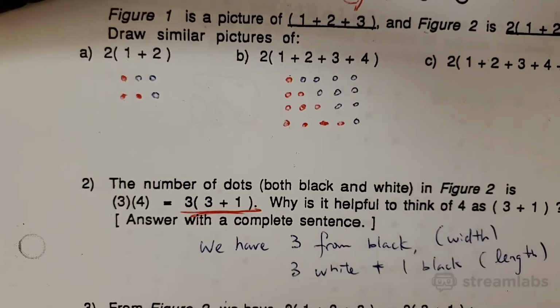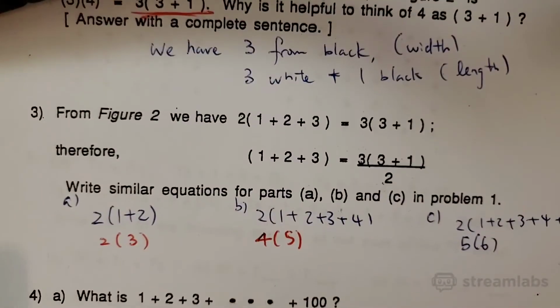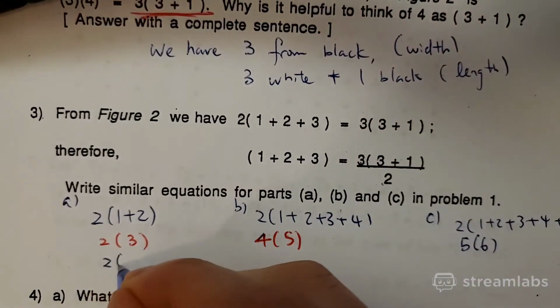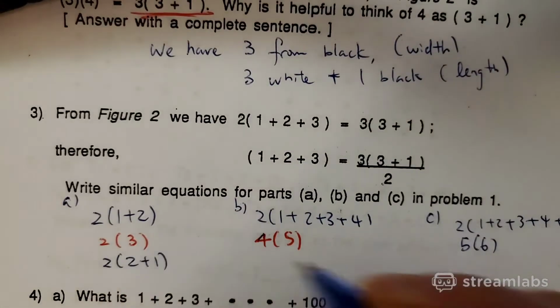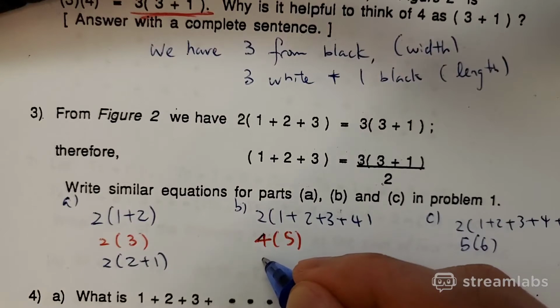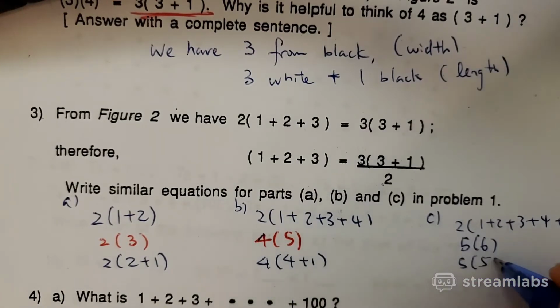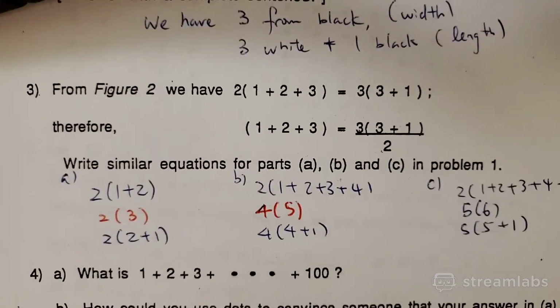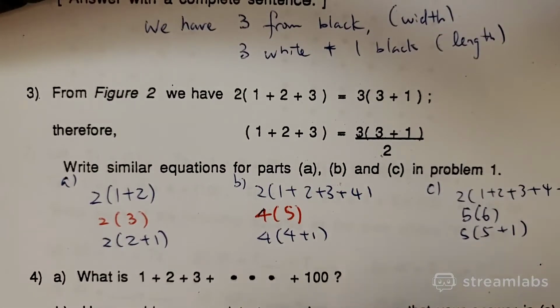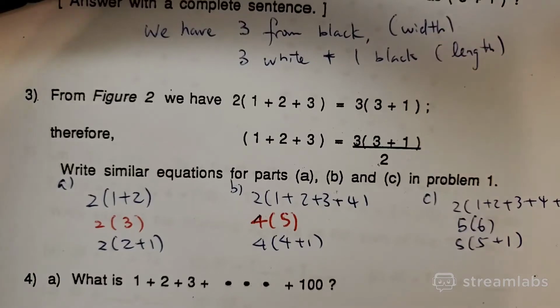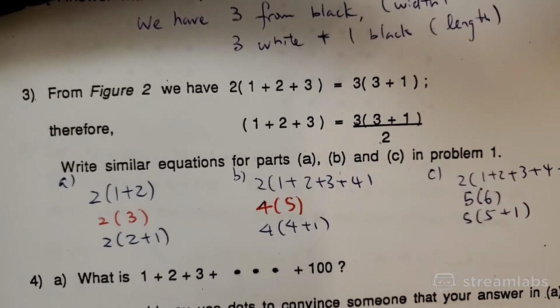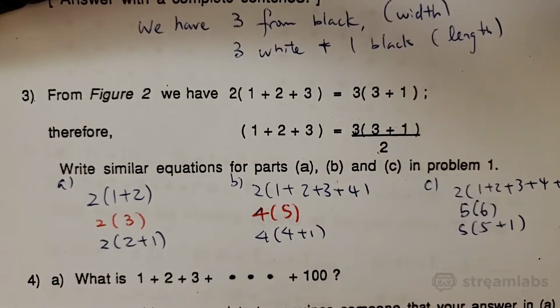And we can also see that one as, I think, 5 times 6. But regardless, you can rewrite this as 2 plus 1, right? And then 4 plus 1, 5 plus 1, right? Like that. Okay?